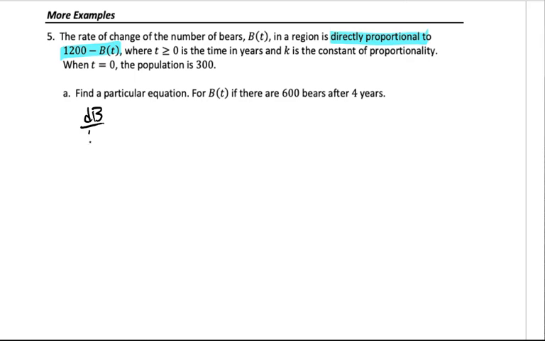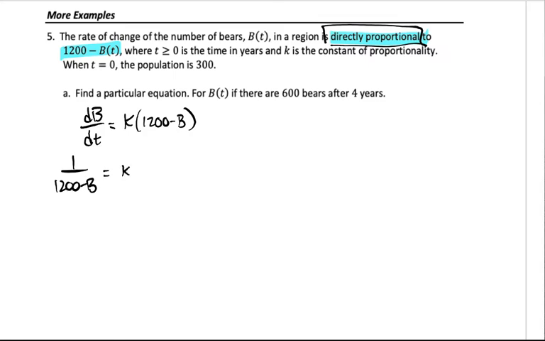I have the change in bears over time is going to equal some constant times this value, 1200 minus B. Okay, that's the directly proportional is why I knew to put the k value, and then of, or to, the 1200 minus B. So let's separate our variables and see what we end up with. So I have a 1 over 1200 minus B equals, whoops, not equals yet. Let's undo those things. dB equals k dt.